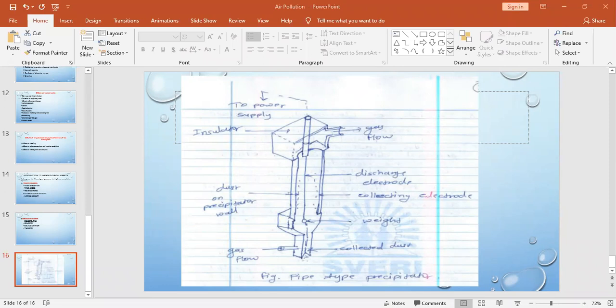There are two electrodes, one is the collecting electrode and another is the discharge electrode, between which a potential difference is maintained. Because of that high potential difference, say 100 kilovolts are used, there will definitely be ionization.